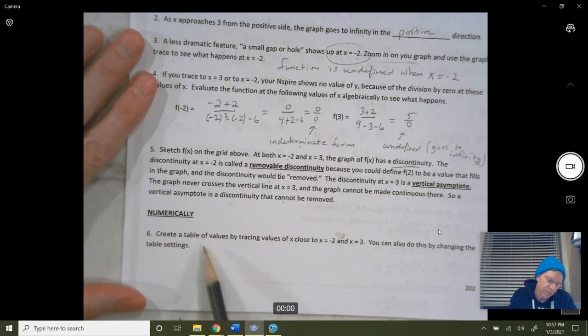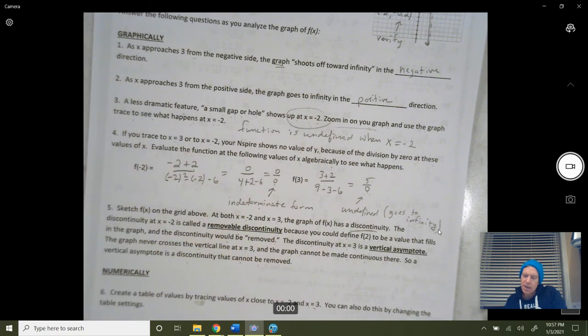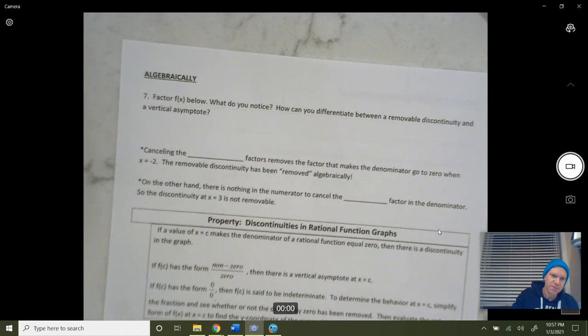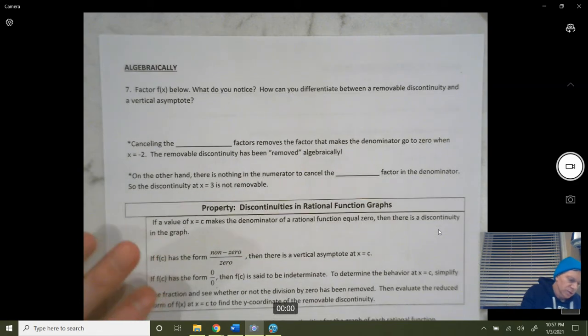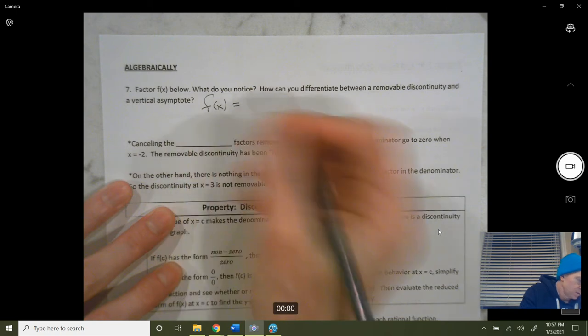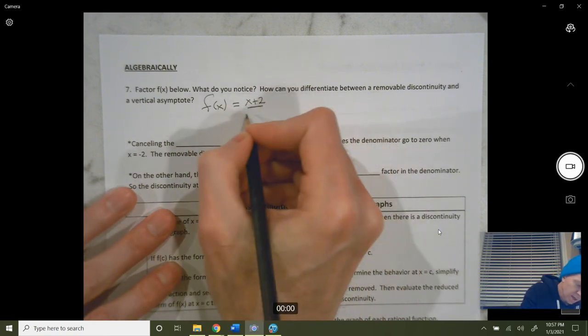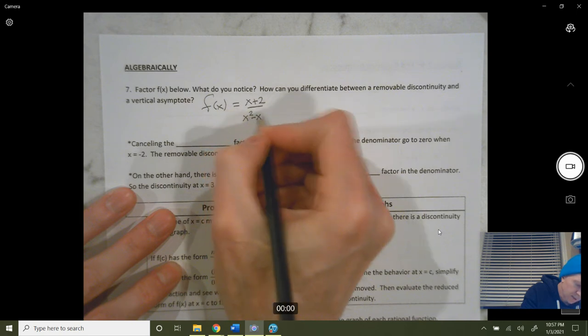You can make a table of values. Find values close to x equals -2 and x equals 3, preferably on each side of -2 and each side of 3. Okay. Now, let's look at what happens algebraically. Okay, factor f of x below. So our f of x function looked like this: x plus 2 over x squared minus x minus 6.